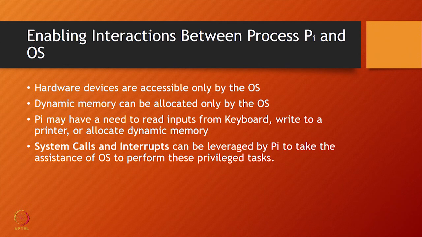When the application executes a system call, or there is an interrupt, the operating system handles it; a system call is also like an interrupt to the operating system. So your system calls and the interrupt service routines are also part of the operating system. So there is a lot of interaction between the application program and the operating system. Let us now look at this very clearly.